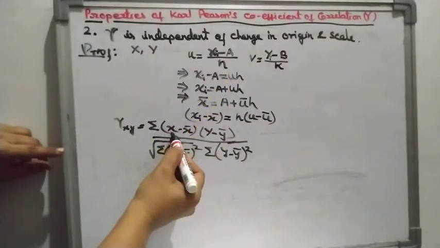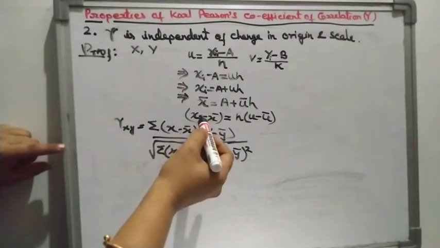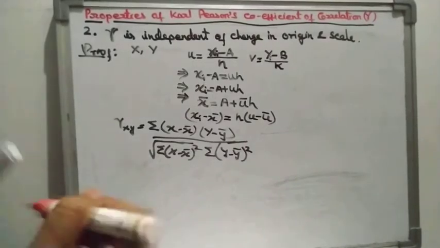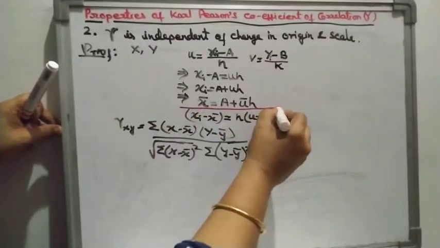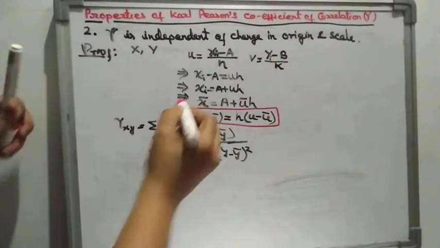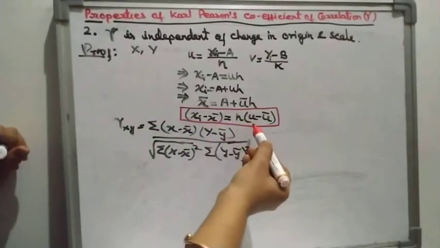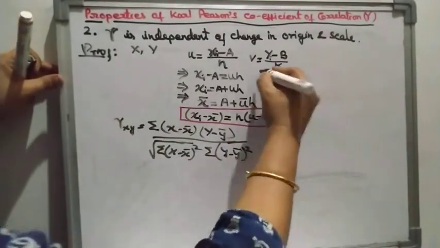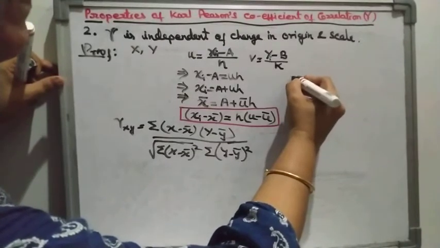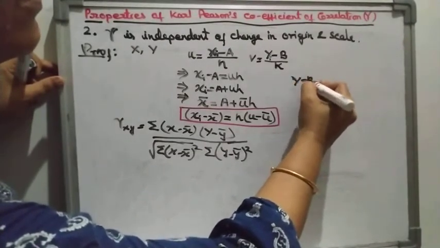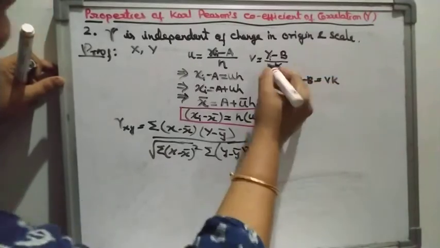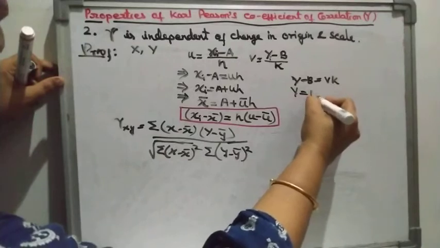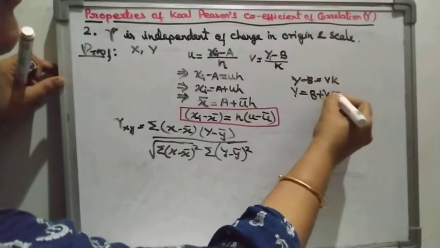So in place of x minus x bar we need to write this. Okay. Now we need to write this in place of xi minus x bar, we need to write it in u form, this, and the same here if you do: v is equal to this, so y minus b is equal to vk, so y is equal to b plus vk.